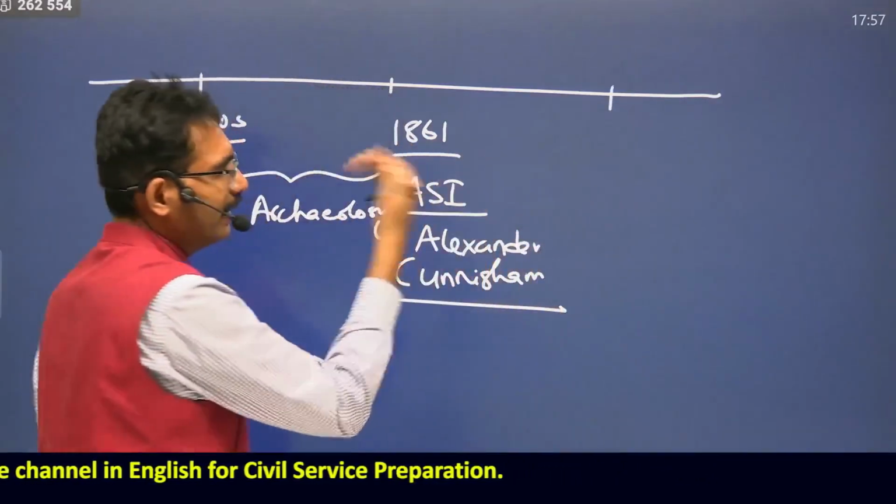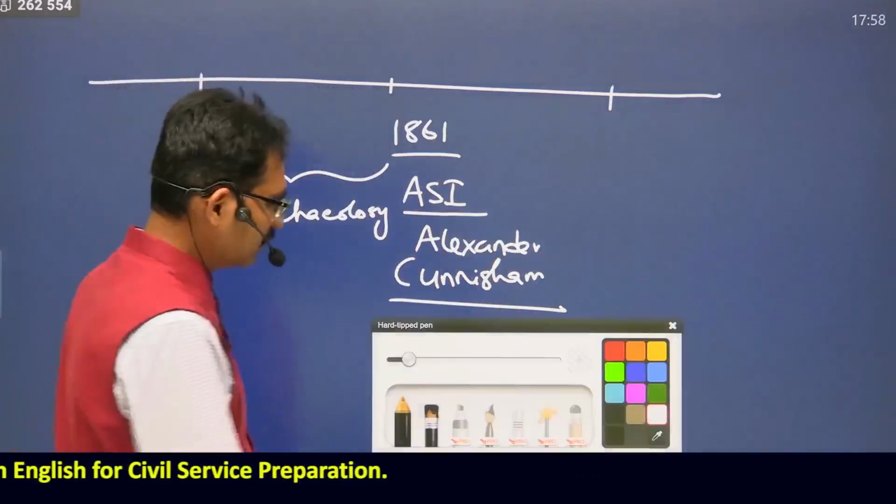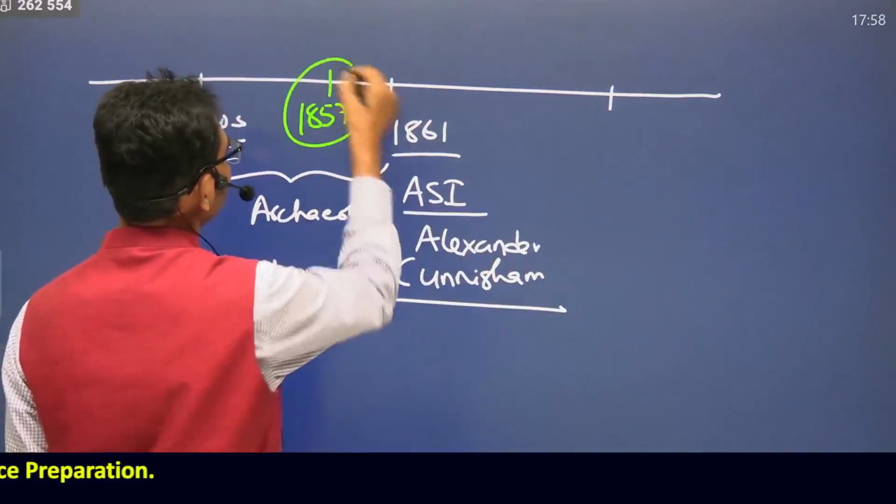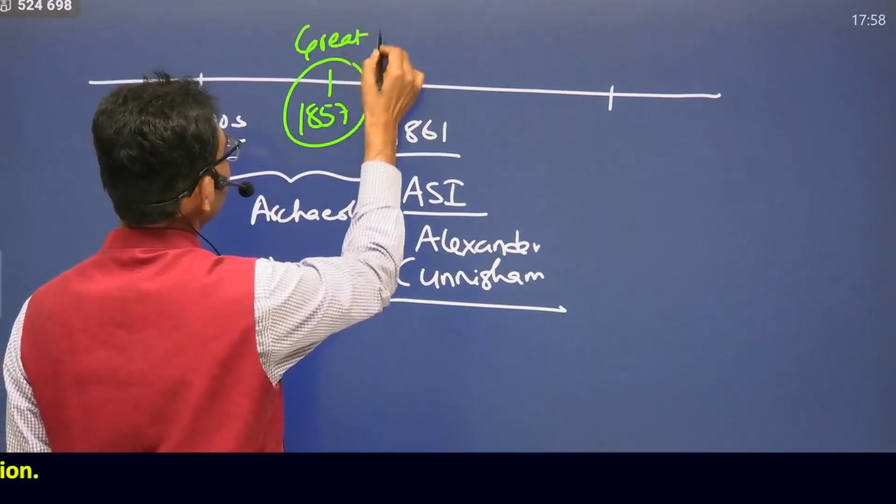And why 1861? Just before few years, in 1857, great revolt has taken place.